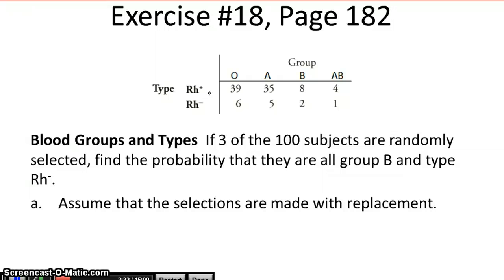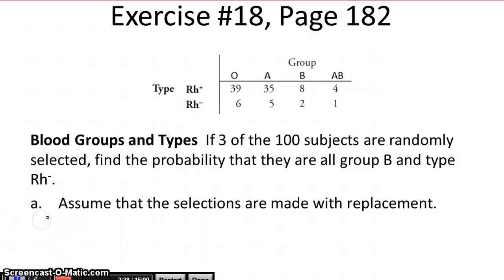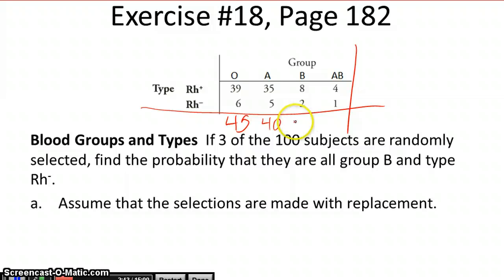So, when we were given this contingency table, remember one of the things we like to do is to find the marginal distributions, the row and column totals. So there are 45 people with O-type blood, 40 total people with A blood, 10 people with B blood, and 5 people with AB.